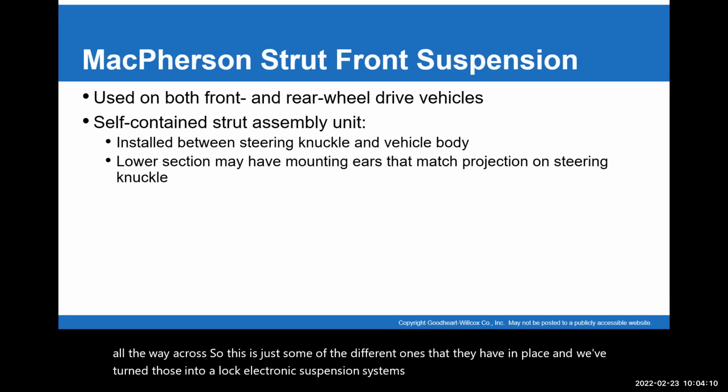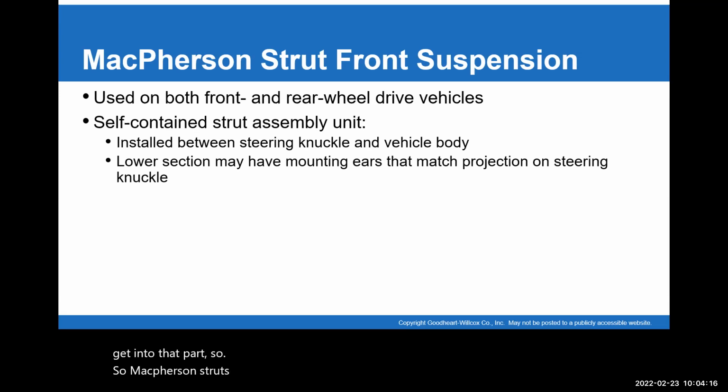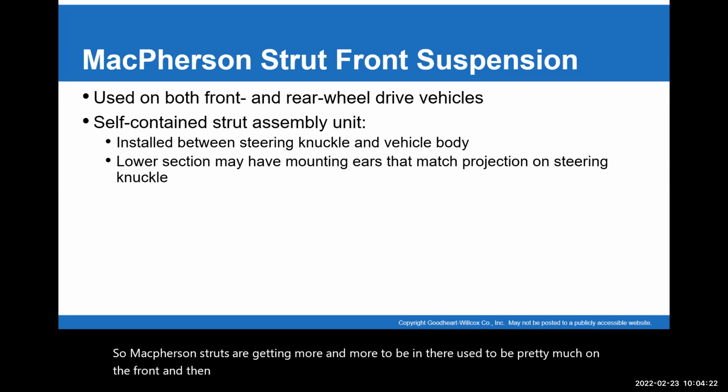We'll talk more about that later. McPherson struts used to be pretty much on the front, with a regular shock on the rear, and now it's getting to where all four wheels have that McPherson strut.